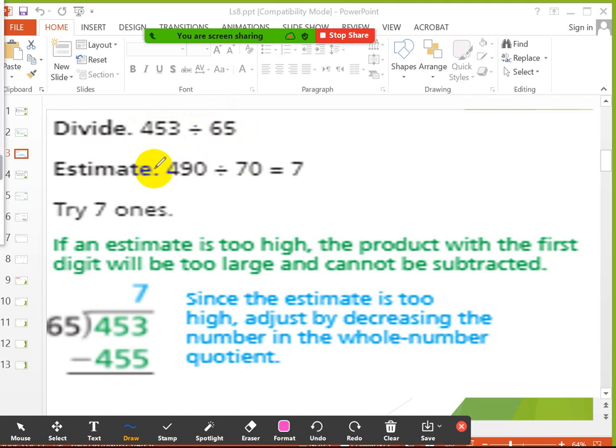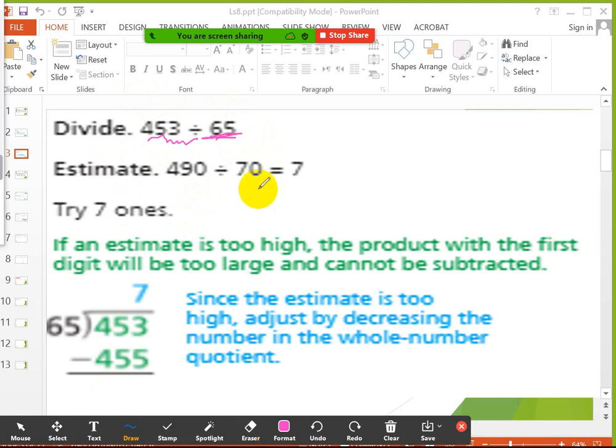So first thing, if you round the divisor into the nearest 10, it will be 70, because I have 5 before the 6, so I will add 1 to the 10, so it will be 7, and this one will be 0. So I have to round the dividend into the nearest number I can divide on 70.